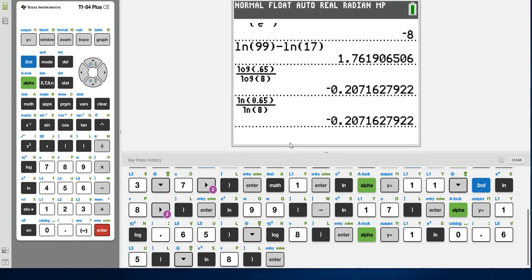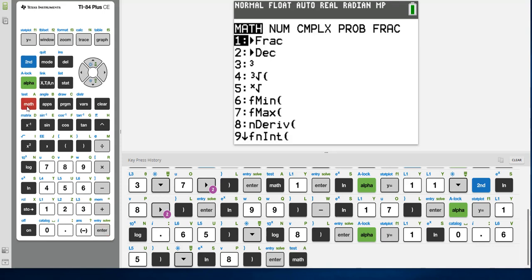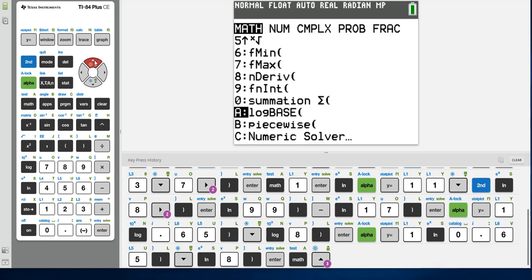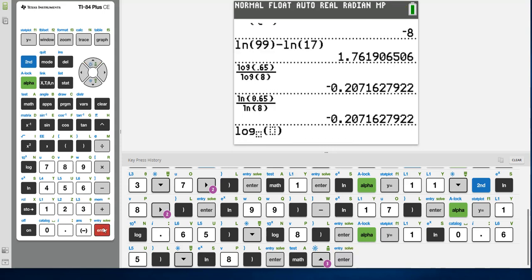To use the TI-84 change of base function operation, press math and use the up or down arrows to find the A log base and select it by pressing enter. Type in 8 and press the right arrow.